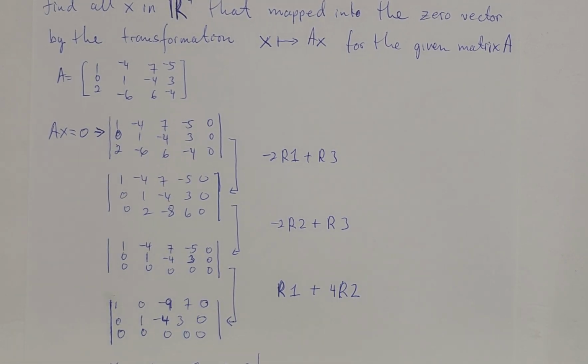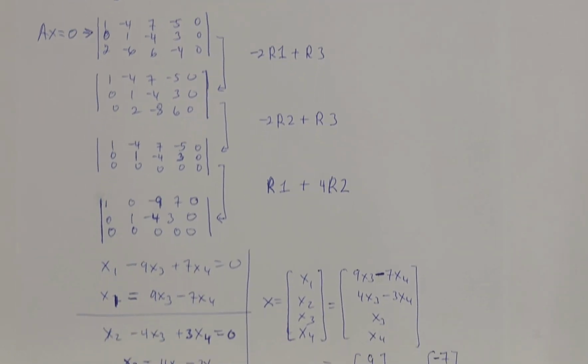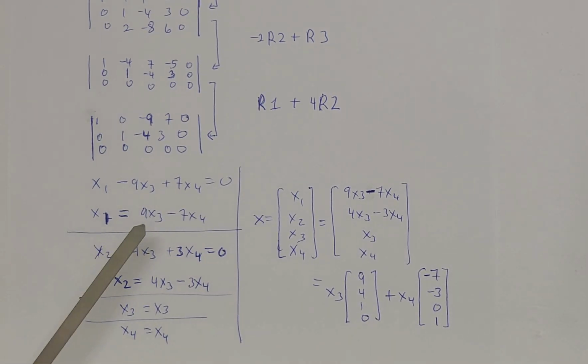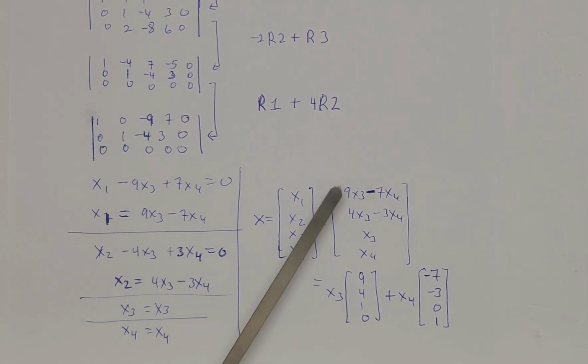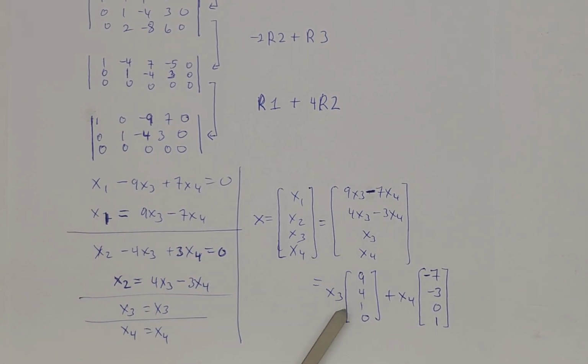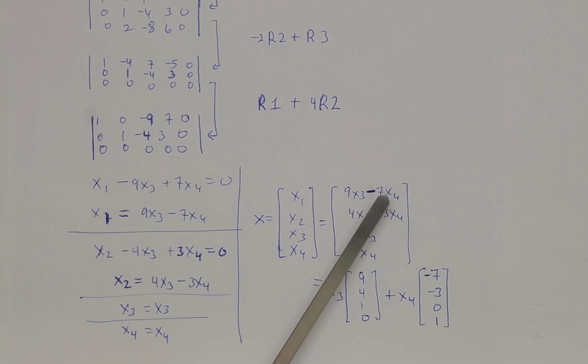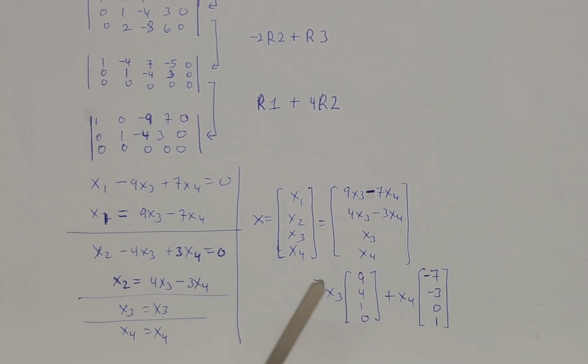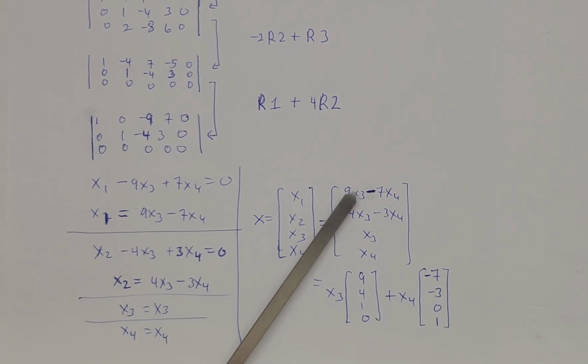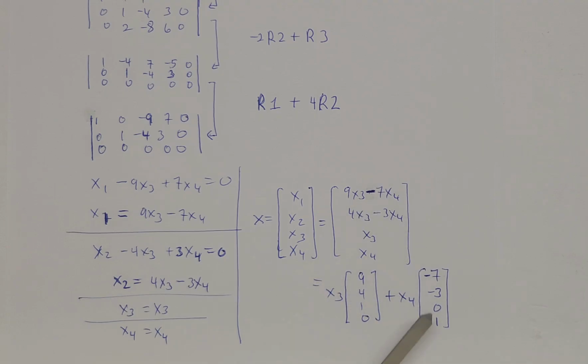When you have something like this, make sure you separate all the variable 3, separate all the variable 4. If there is variable 1, variable 2, you separate them out. But here there's only variable 3 and variable 4.